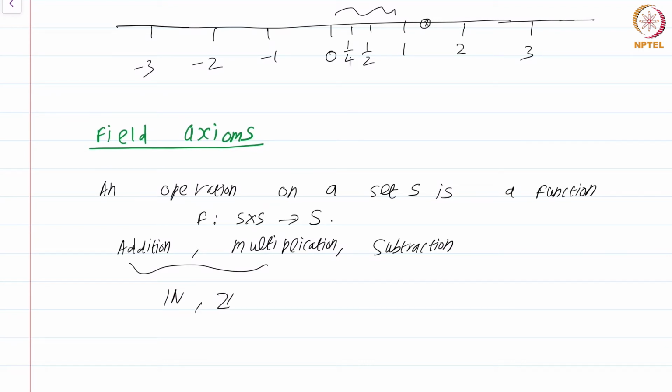Subtraction you can't really define on the natural numbers because 2 minus 3 is minus 1. The map should be to the set. It should not go outside the set. So subtraction is defined on Z. Addition and multiplication are also defined on Q. Subtraction is also defined on Q. Then division is not really defined on any of these sets because you cannot divide by 0.